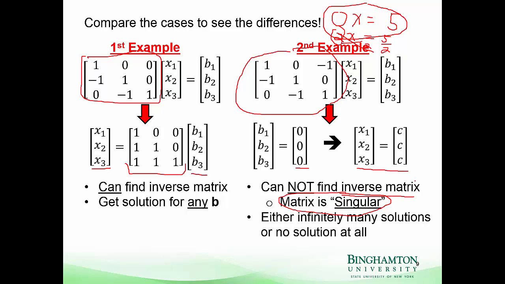And by the way, when we can find the inverse matrix, we say that it's non-singular. So it's kind of interesting that the defining term is applied to the case where things don't work, singular, and then for the case where things work, we use the non in front of the defined term. That always struck me as odd.